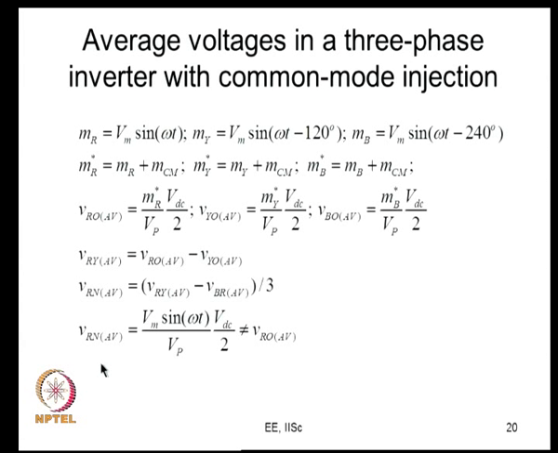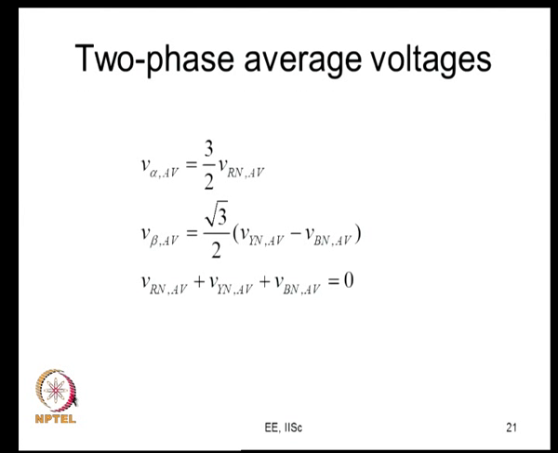However, if you are going into overmodulation, all these will be non-sinusoidal. VRO average will be non-sinusoidal and therefore VRY average will also be non-sinusoidal, VRN average also will be non-sinusoidal, as we will see shortly. So, once we have these 3 phase average voltages, this VRN average, this instantaneous VRN has been averaged over one subcycle. Similarly, VYN has been averaged over one subcycle, VBN has been averaged over one subcycle.